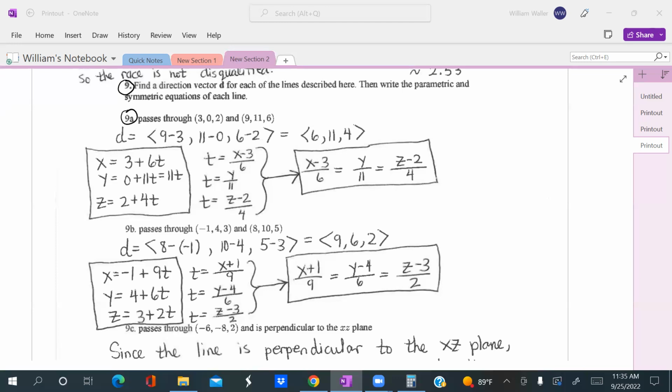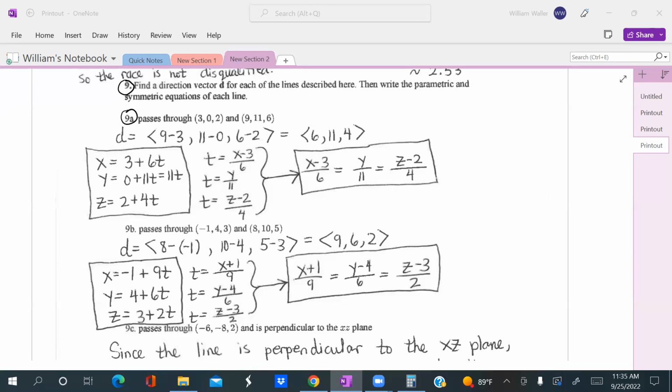So let's see, how do we use this point information to find our direction vector and then the equations for the line? Well, obviously, you find the direction vector simply by finding the vector that connects these 2 points, right?